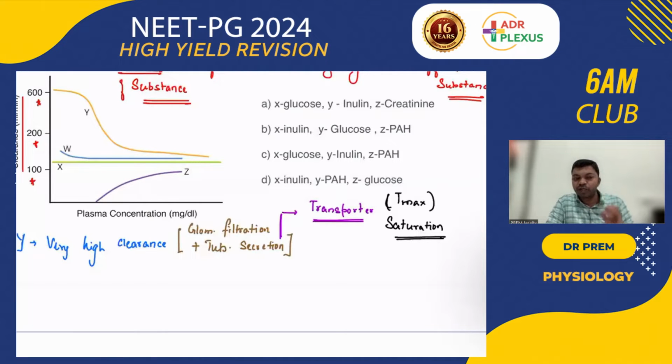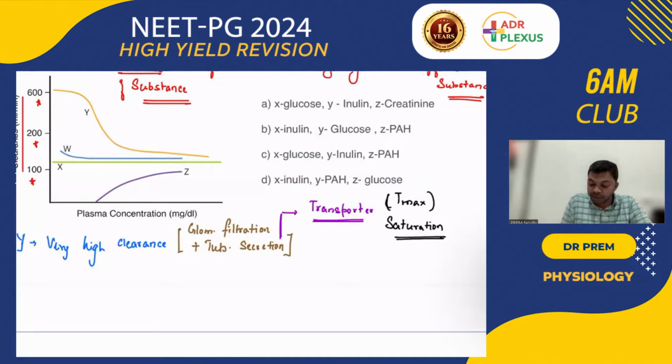If you look at the substance Y, when the plasma concentration of substance Y is very low, you can see a huge amount of clearance, because every molecule is getting filtered in the Bowman's capsule and every molecule is getting secreted in the nephronic segments. As the plasma concentration keeps rising, not a good amount of blood is getting cleared of the substance.